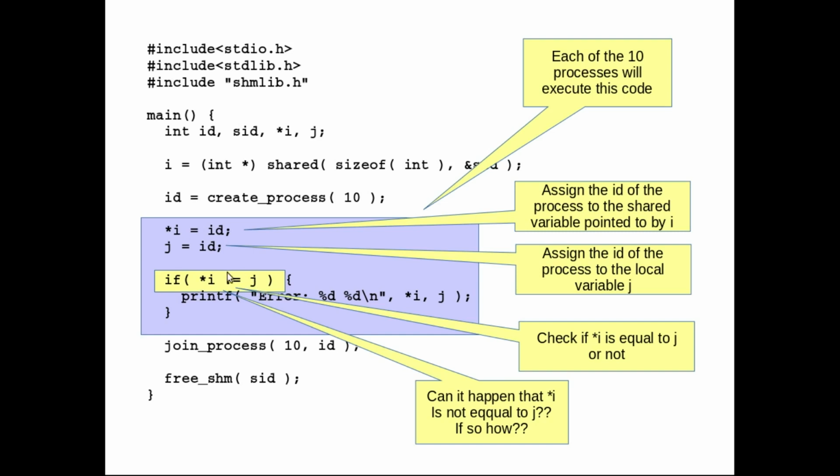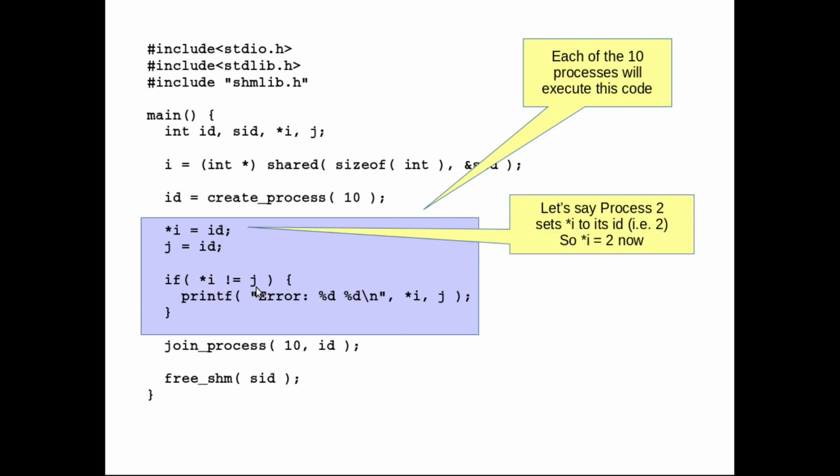But how can that happen? How can it happen that star of I is not equal to j? To explain that, let us assume that process 2 executes this statement. For process 2, its ID will be equal to 2.